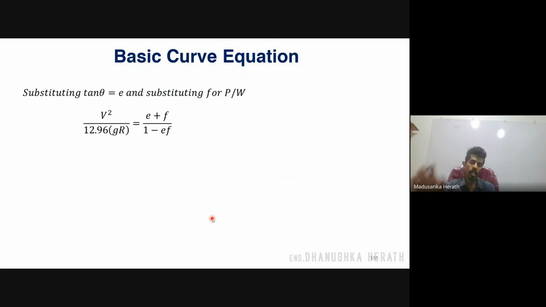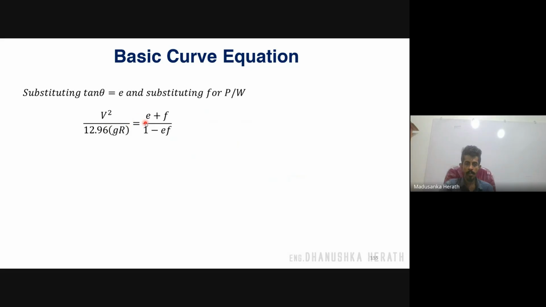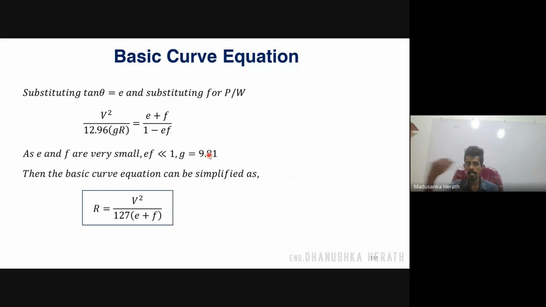Then tan theta is the tan value of the super elevation or the inclination. We call it e. And P over W equals V squared over 12.96 R. So V squared over 12.96 R equals (e plus f) divided by (1 minus ef). Then here we have a small assumption.